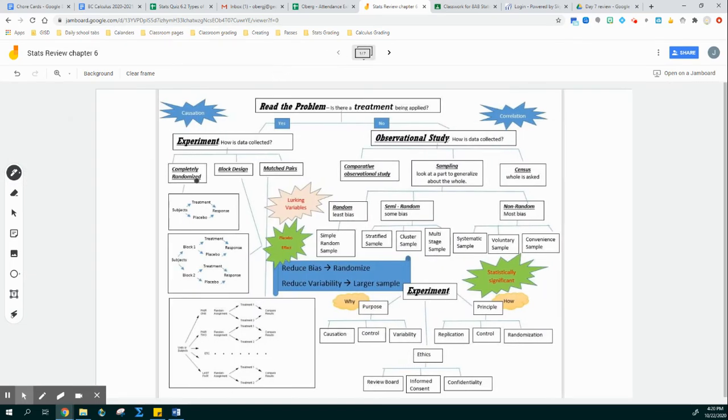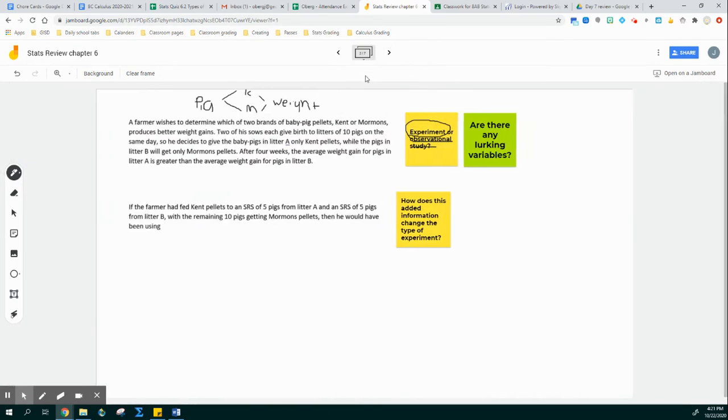So let's go back and see, is it a completely randomized experiment, a block design, or a matched pairs? I took my pigs and immediately split them into the treatment and the control group. That makes this a randomized comparative experiment. All right, are there any lurking variables in this experiment?